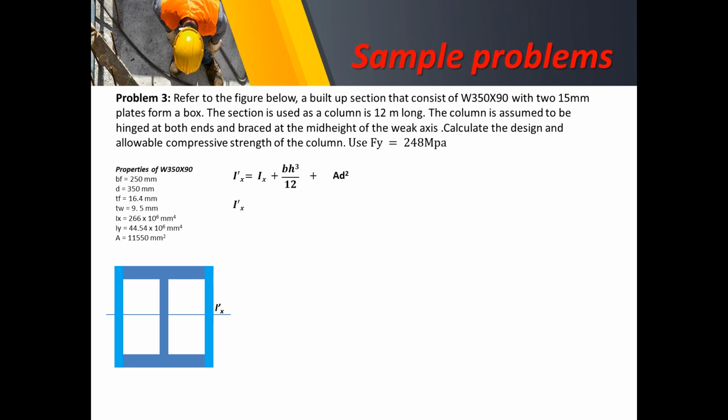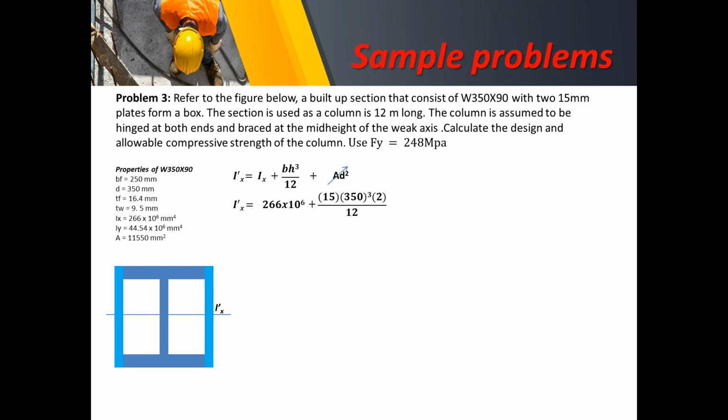So I prime x is equal to, for Ix, 266 times 10 to the 6, we add the two plates. So base here is 15, height is 350, and then there are two of them. That is why that is multiplied by 2.